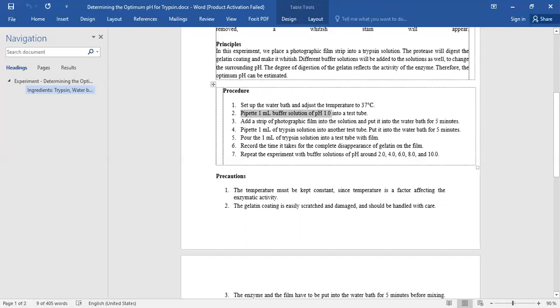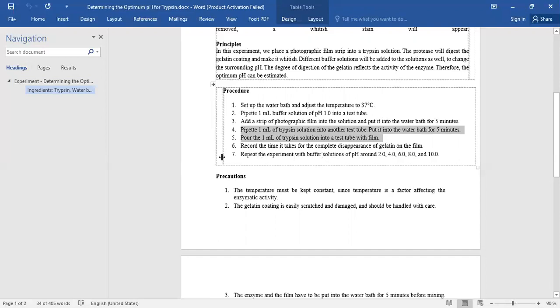Then we pipette 1 ml of trypsin into another tube and put it in the water bath for another 5 minutes. Then we add the 1 ml of trypsin into the test tube that contains the photographic film and 1 ml of buffer solution.